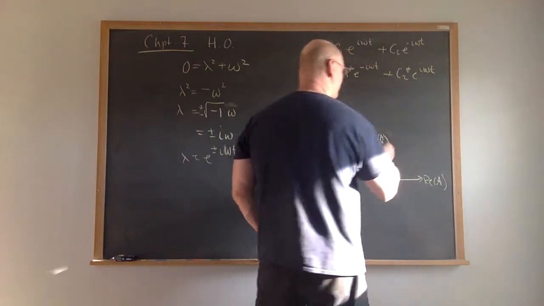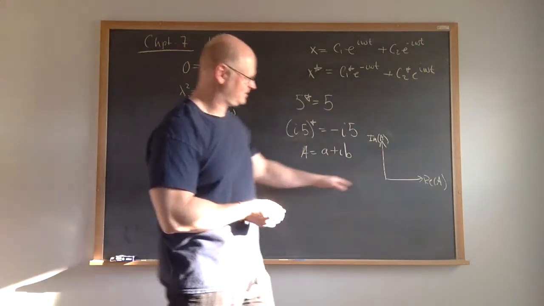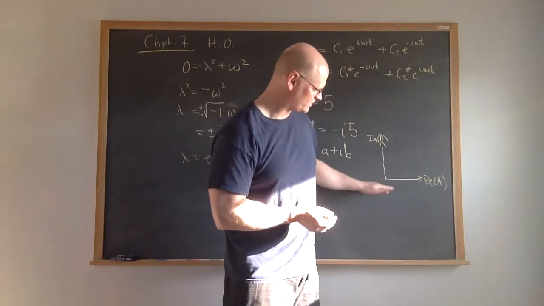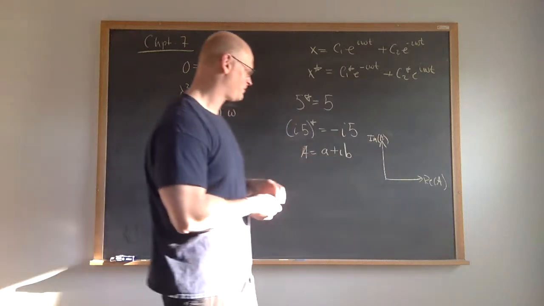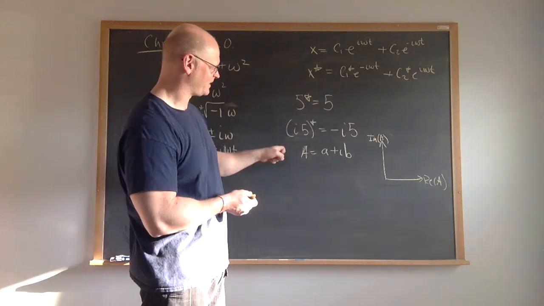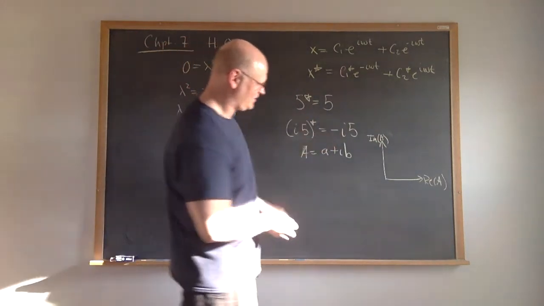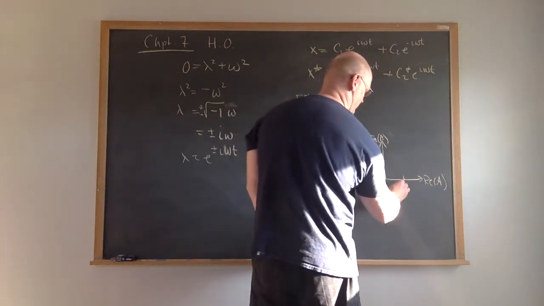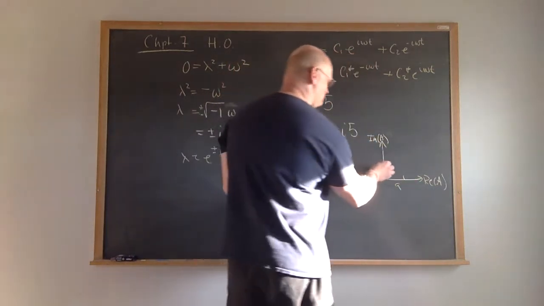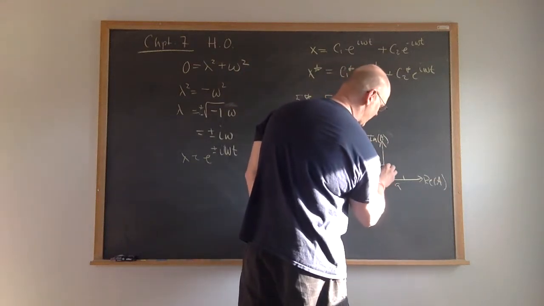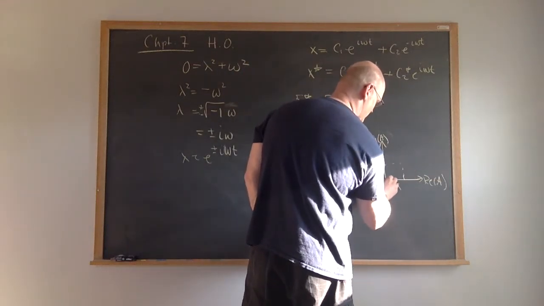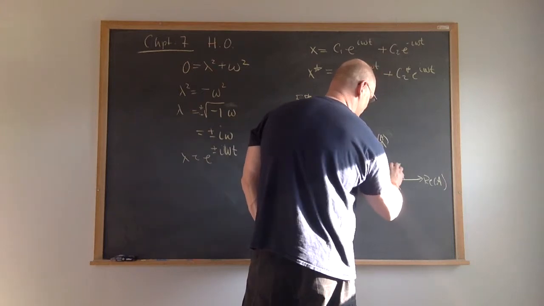The complex plane is a two-dimensional system, where along the horizontal we have the real part, and along the vertical axis we have the imaginary part. So the way I would think about this is that this has A units in the real direction, B units in the imaginary direction. So this actually creates a vector where this is A.